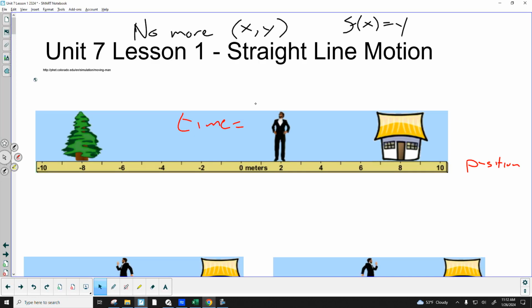We label this as t equals 5, position 2, as the point 5, 2. Time is our input. Position is our output.